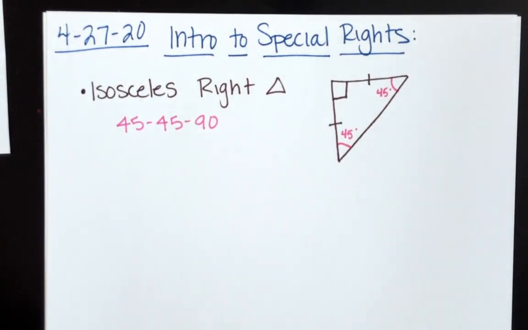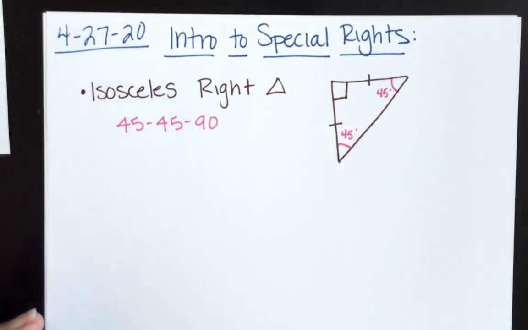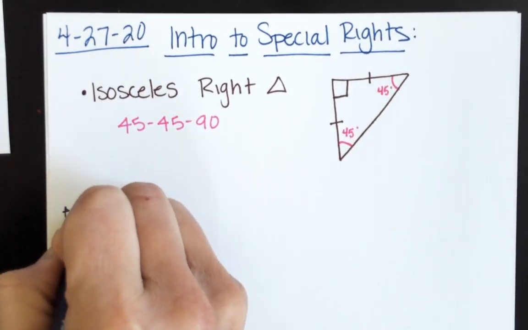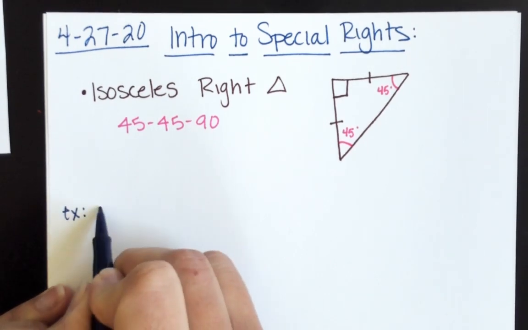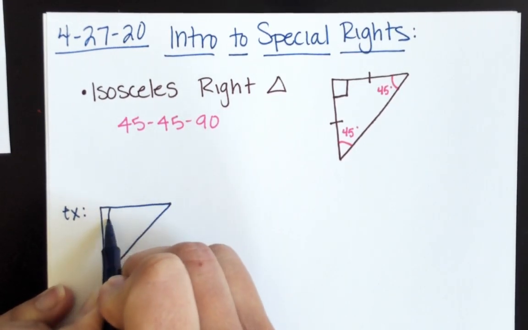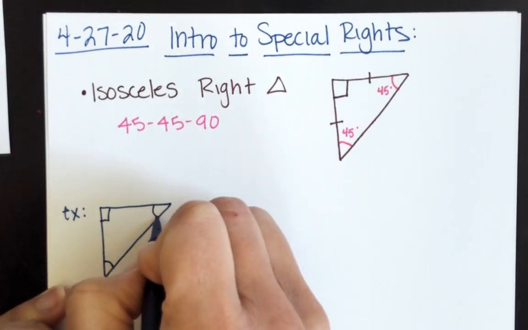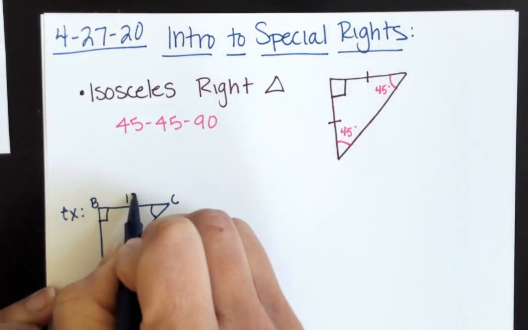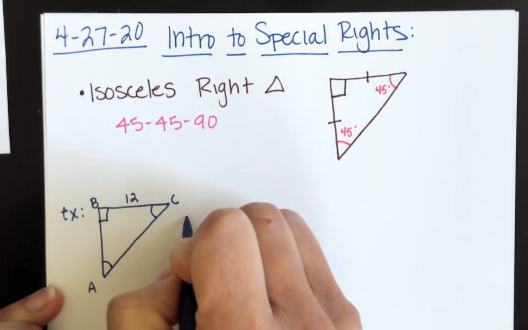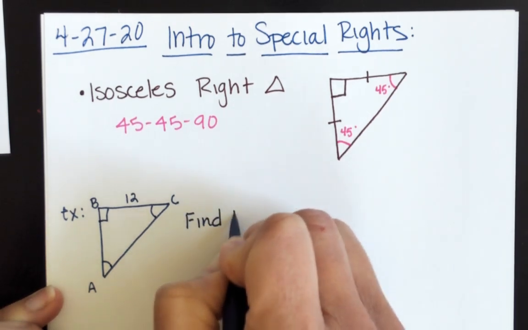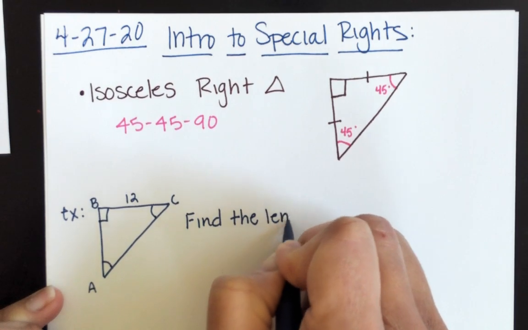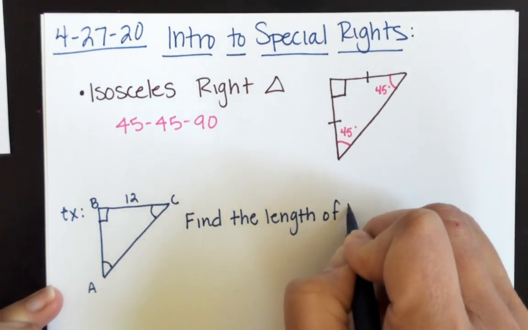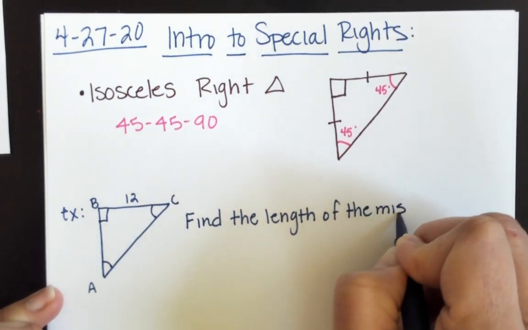So with that being said, we're going to cut to the chase already. We're going to talk about questions that could get asked. For example, you are simply going to get asked, find the length of the missing sides.